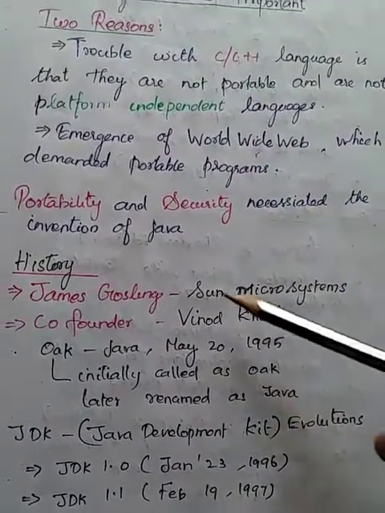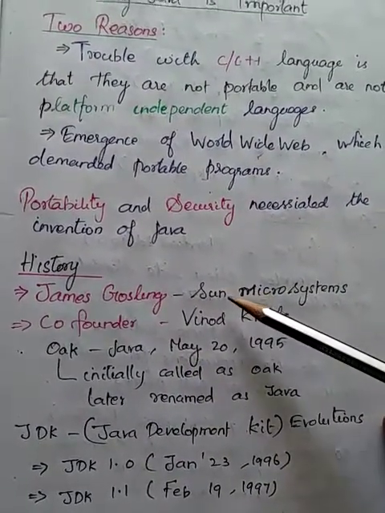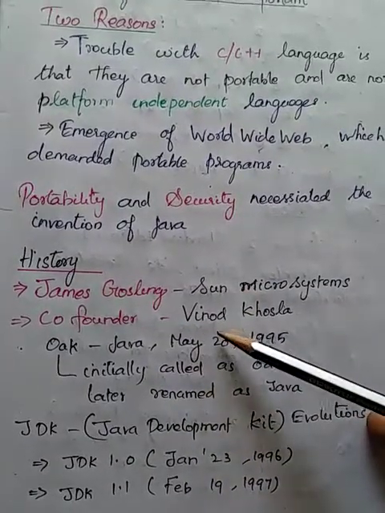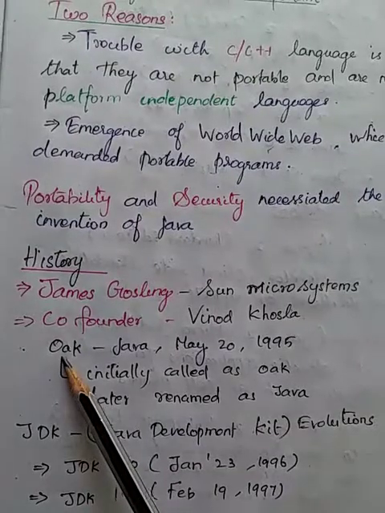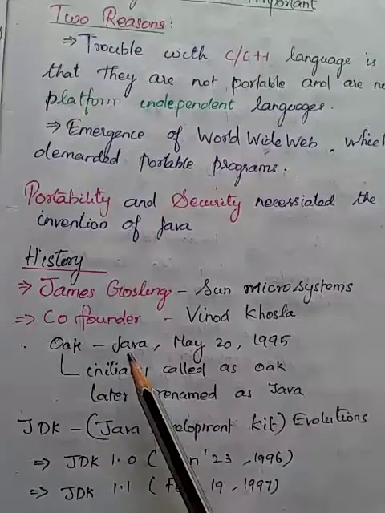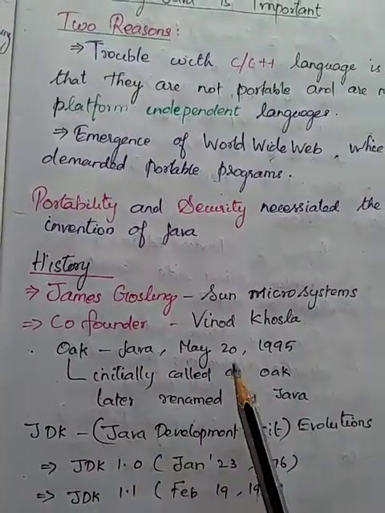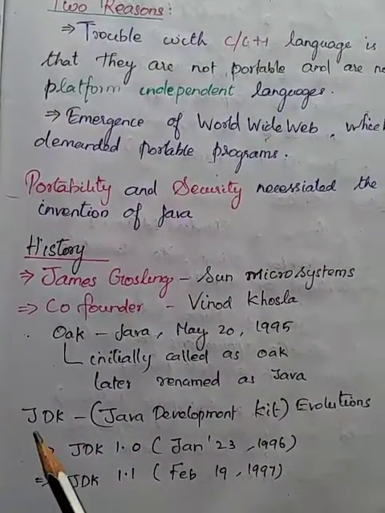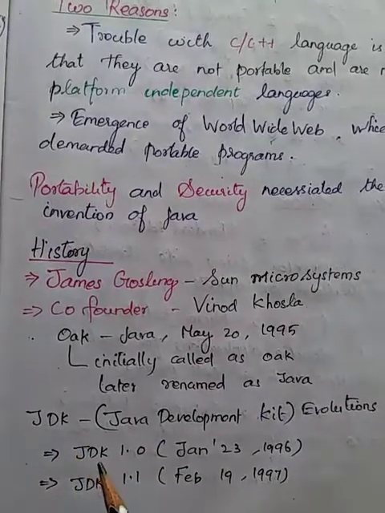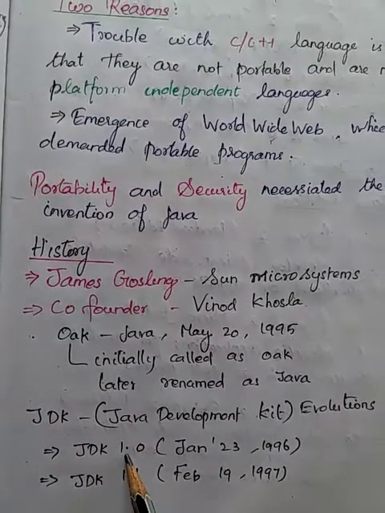It was introduced by James Gosling at Sun Microsystems. The co-founder is Vinod Khosla. Initially the Java programming language was called Oak. Later it was renamed Java in 1995. The initial version of the Java development kit is JDK 1.0.